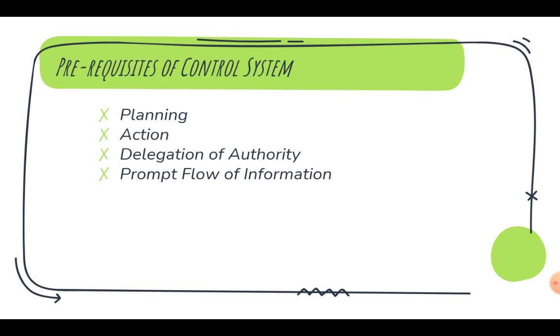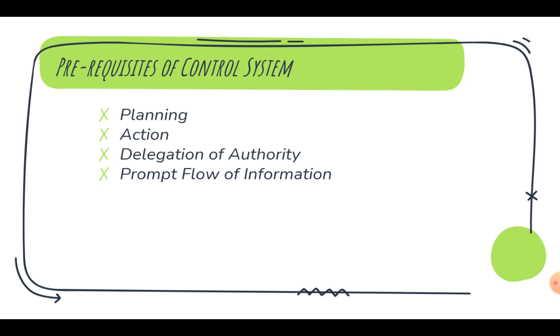For example, if you ask a production manager to increase production by 20% or 30%, he will require a certain amount of authority to employ workers, to motivate employees, to give incentives to the workers, and also to take disciplinary action in case of inefficient workers. So if you're asking for something to be done, we should also give them some kind of authority in order to carry out that particular responsibility. That's what this point means.